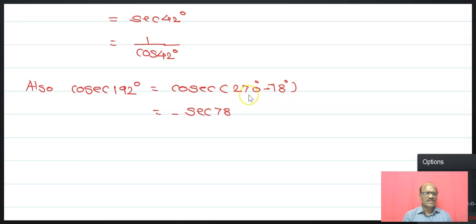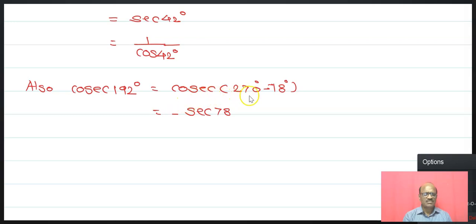Since it is an integral multiple of pi by 2, the function will change. What will the sign be? It will be the minus sign, because this angle goes in the third quadrant, where only tan and cot are positive, and sine and its reciprocal are negative.